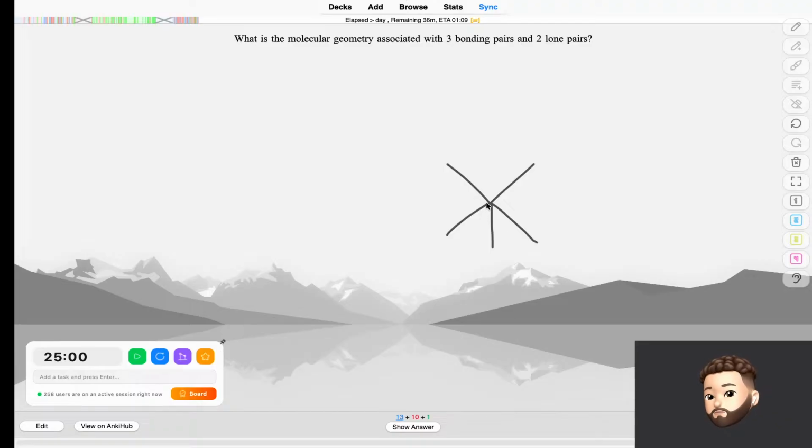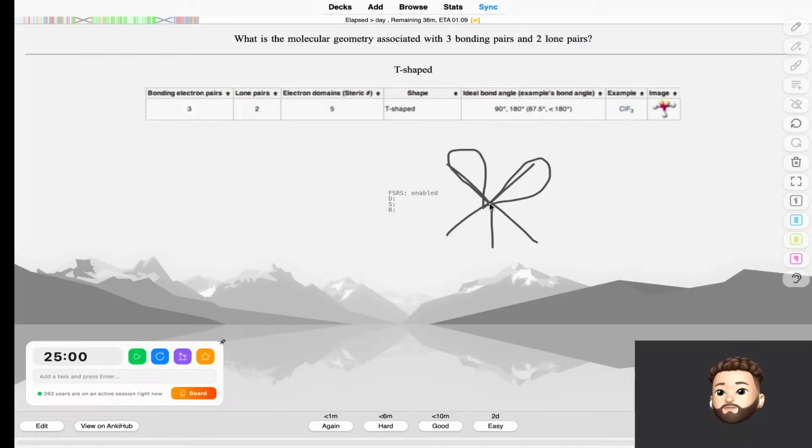I think the most simple way to think about it is that it would take this one and this one, and then it would turn into, what would it turn into? What can I think of that it would turn into? I'm gonna take a wild guess and say T shape. It doesn't look like it would turn into T shape, but I'm gonna guess T shape.